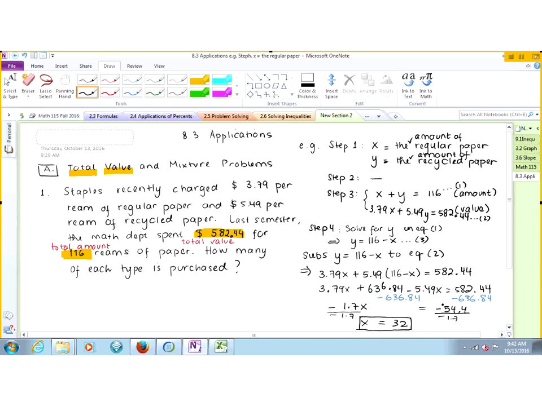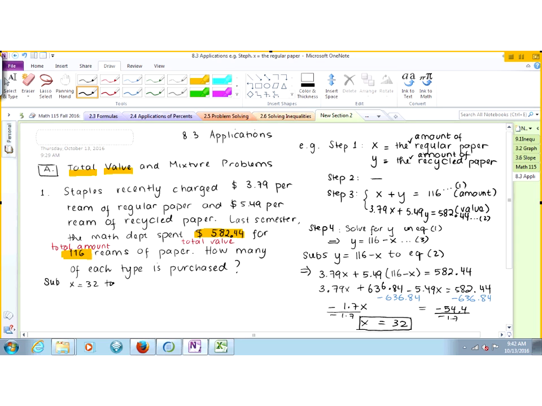Now, what would you do next after we get X equals 32? Plug it into equation 3. Thank you, Brian. Yeah, thank you. Okay, so plug it into the third equation. So I'm going to put it here.